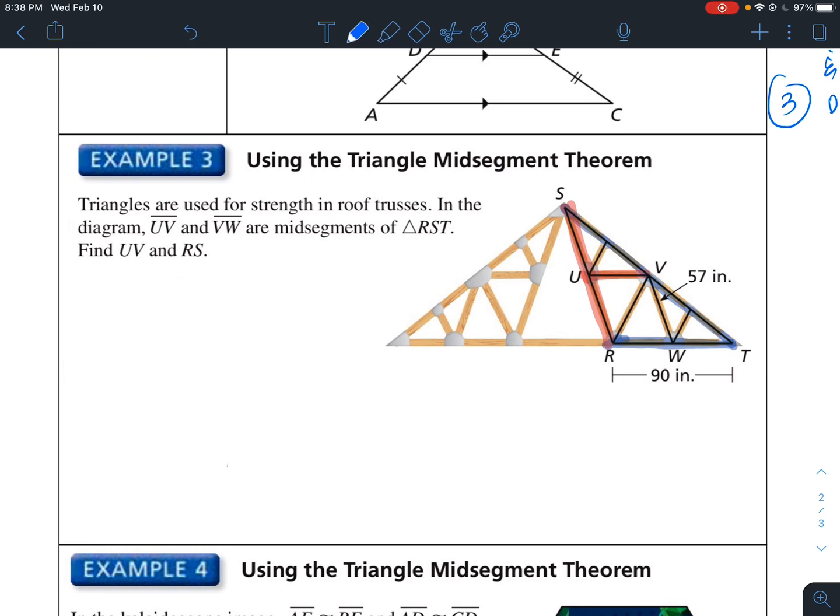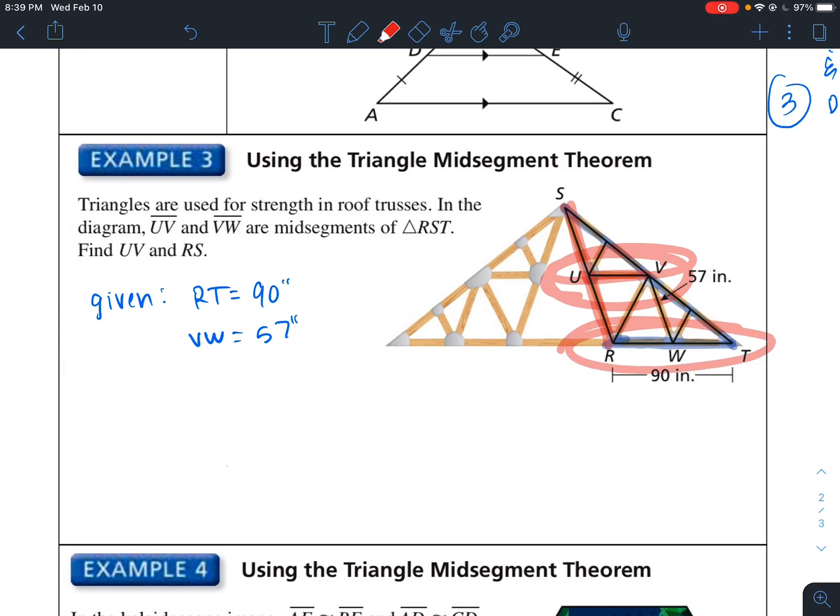So that'd be this one right here. And notice what it gives you. We are given that RT is equal to 90 inches. And we know that VW is equal to 57 inches. So now we want to find the length that we just said before. So first of all, since UV is a midsegment of the triangle, that means it is half the distance of this line right here.